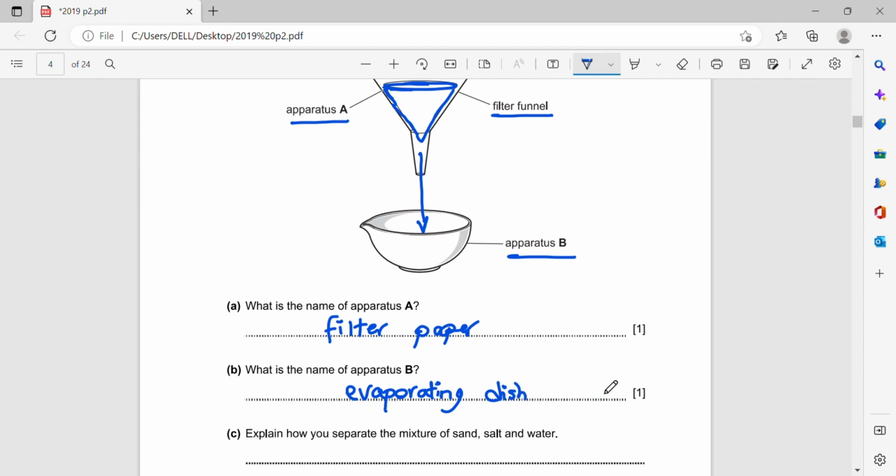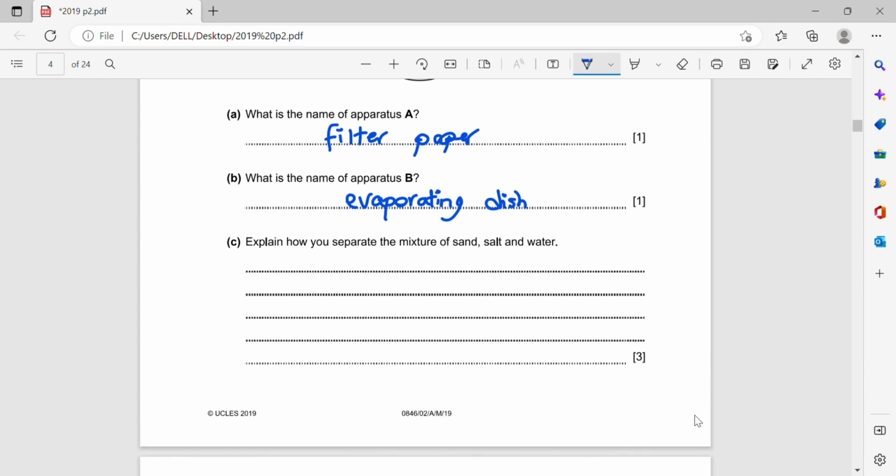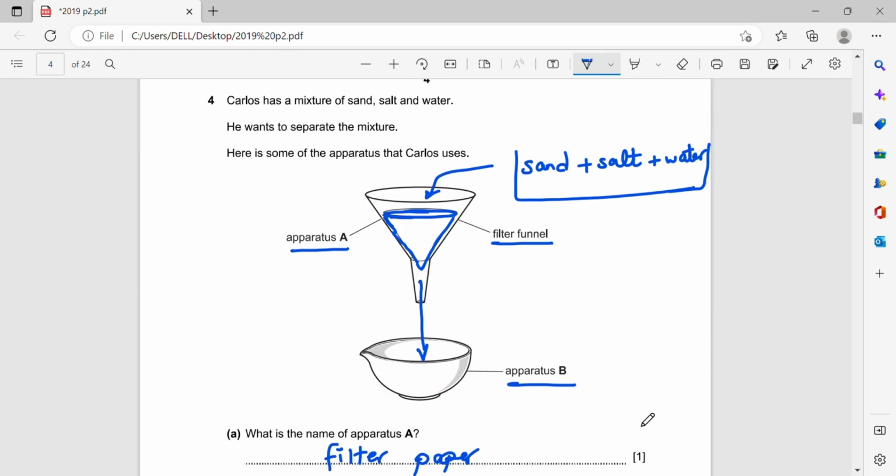Explain how you separate the mixture of sand, salt, and water. Let's notice this question is out of 3 marks. We have to mention 3 points. Point number 1. What can we say? First, we have sand, salt, and water. Is sand soluble in water?